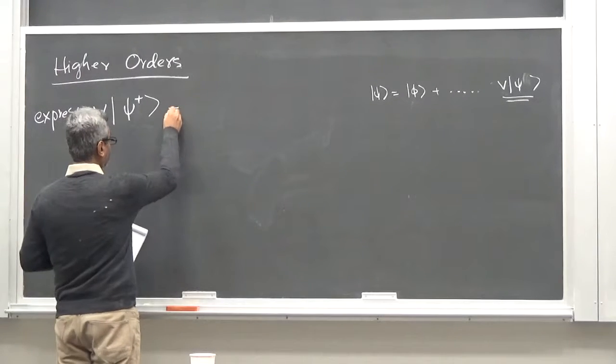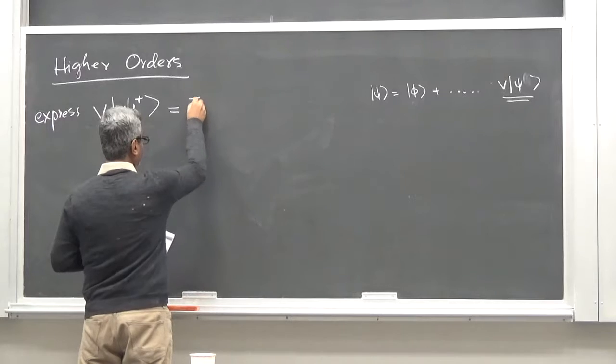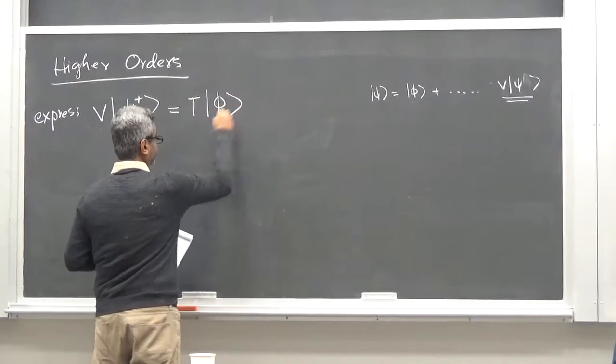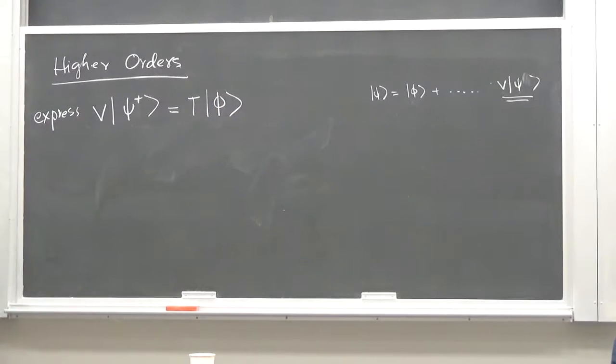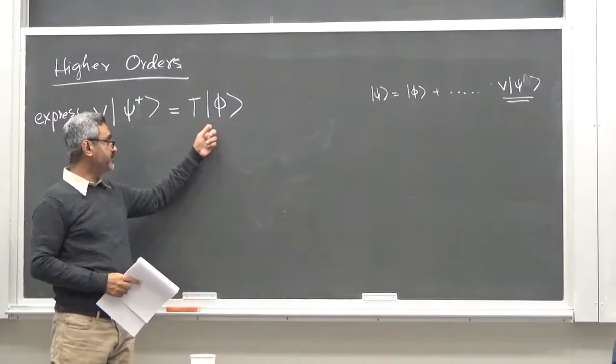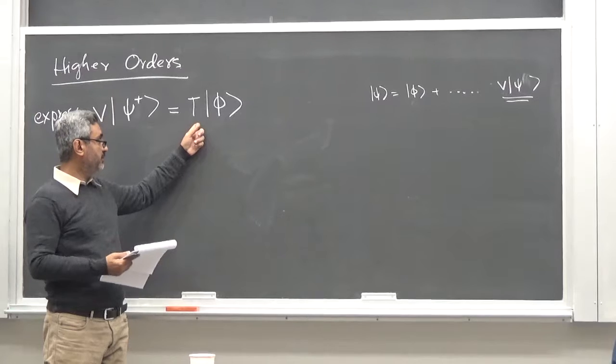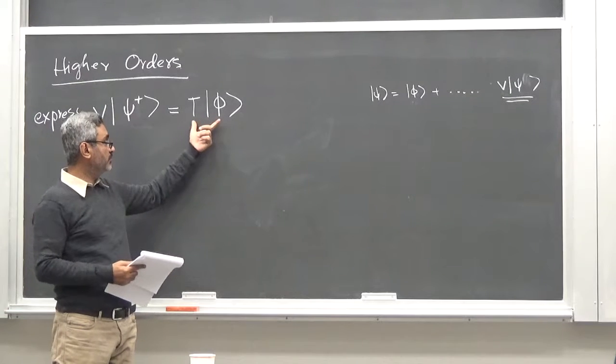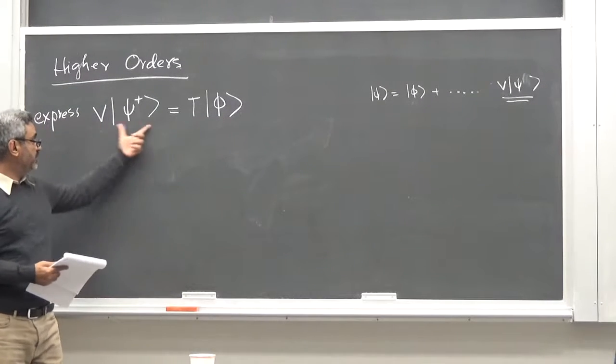So it is this term that we have to be able to write down in terms of phi, right? So we're going to write it like this. This was the incident wave. And this is called the transition operator. So it transitions you from this state to this state.